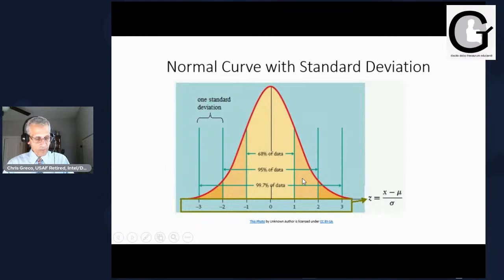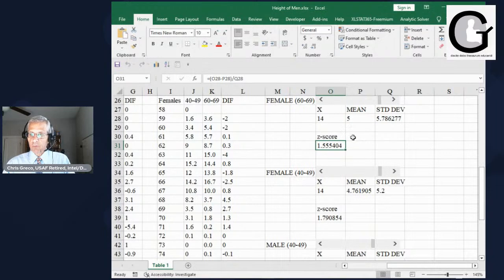So that's what that means. Basically, you can compare that, and that helps you understand exactly what's going on with the data. So 1.55 means less women are at that 14% than women 40 to 49. So that's what happens when you compare it.